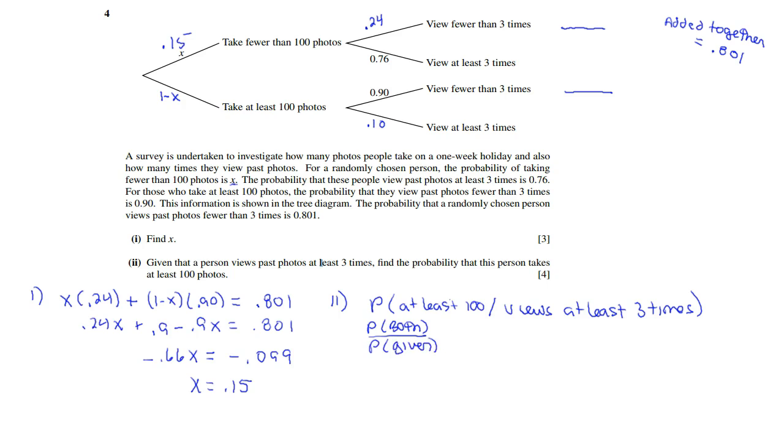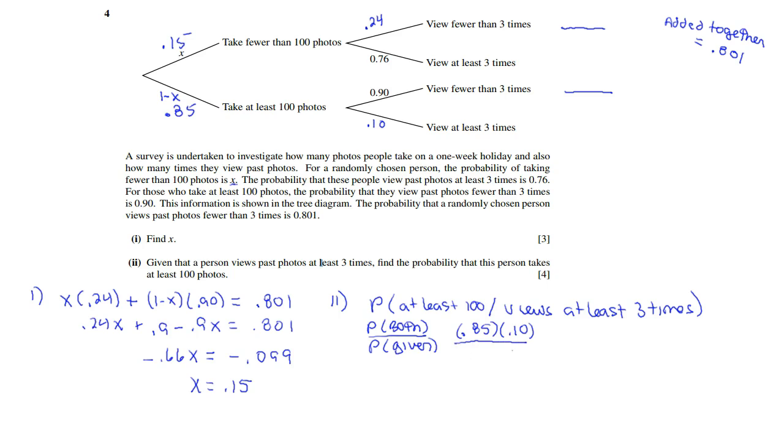So the probability of taking at least 100 photos, well, we know that's 0.85 times of at least 3 times, so that's going to be times 0.10. So that's the probability of both of them happening.